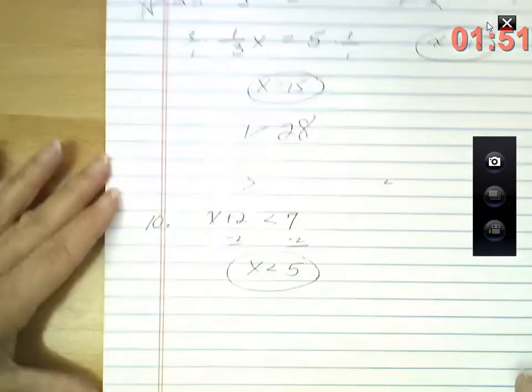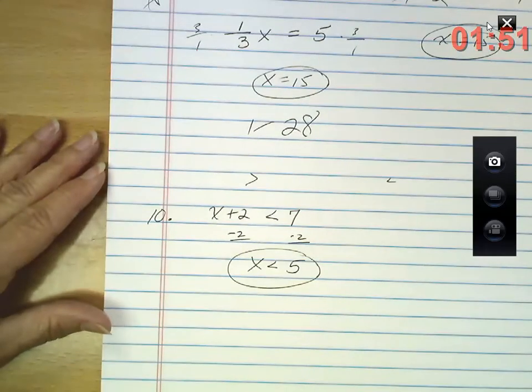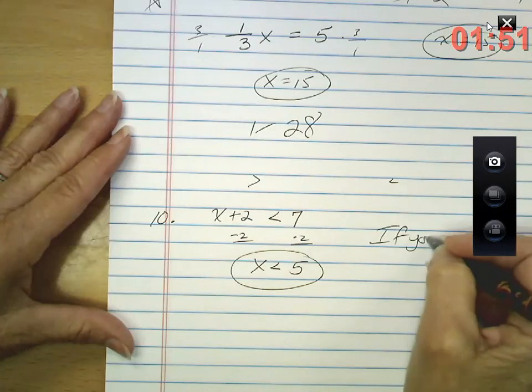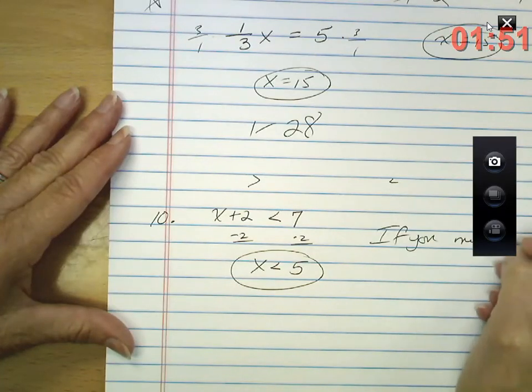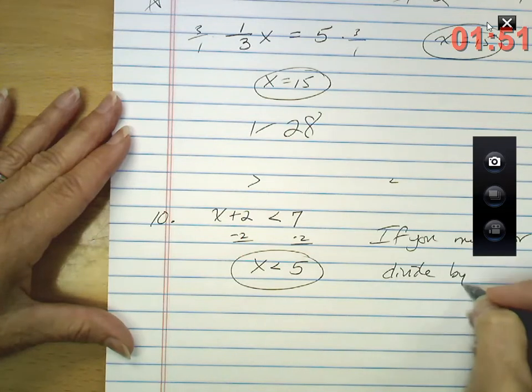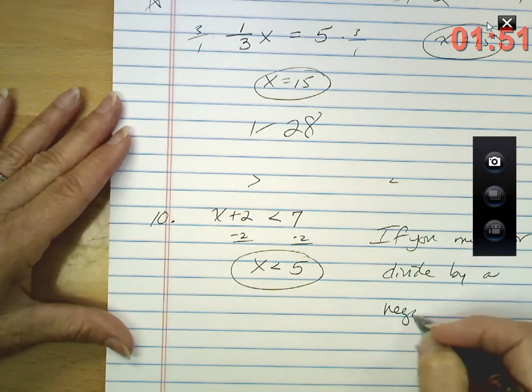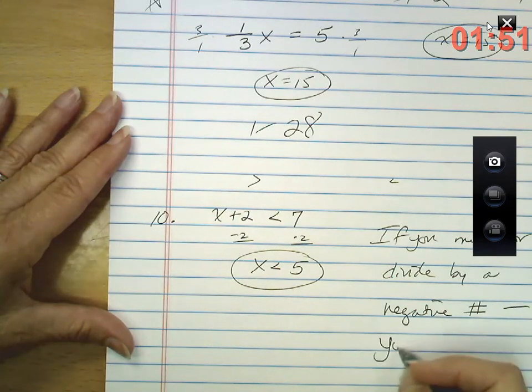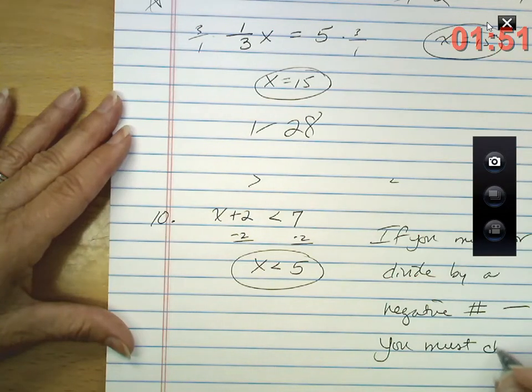The only thing that is different, I don't think there's any on this page, is that if you multiply or divide by a negative number, you must change the sign in the opposite direction. Sorry, I didn't mention this.